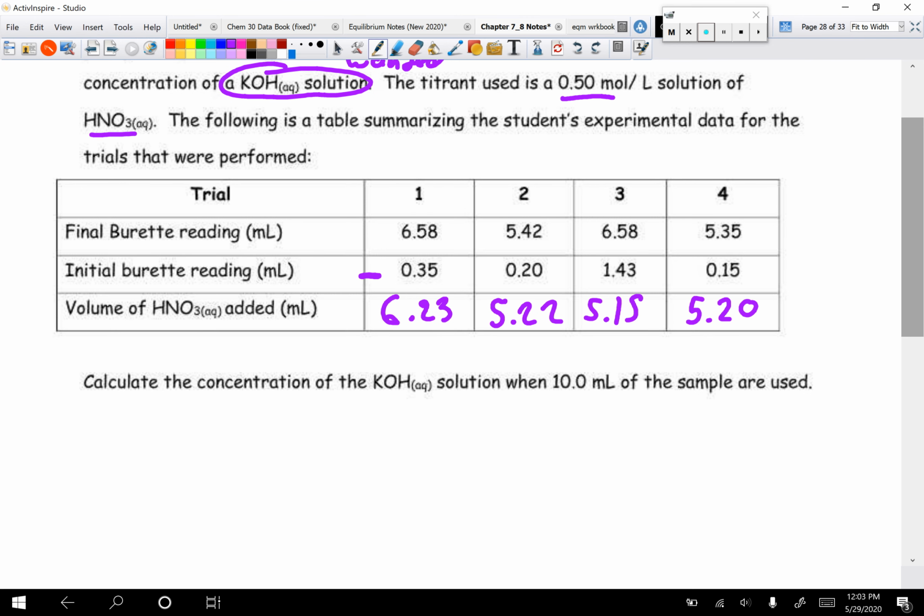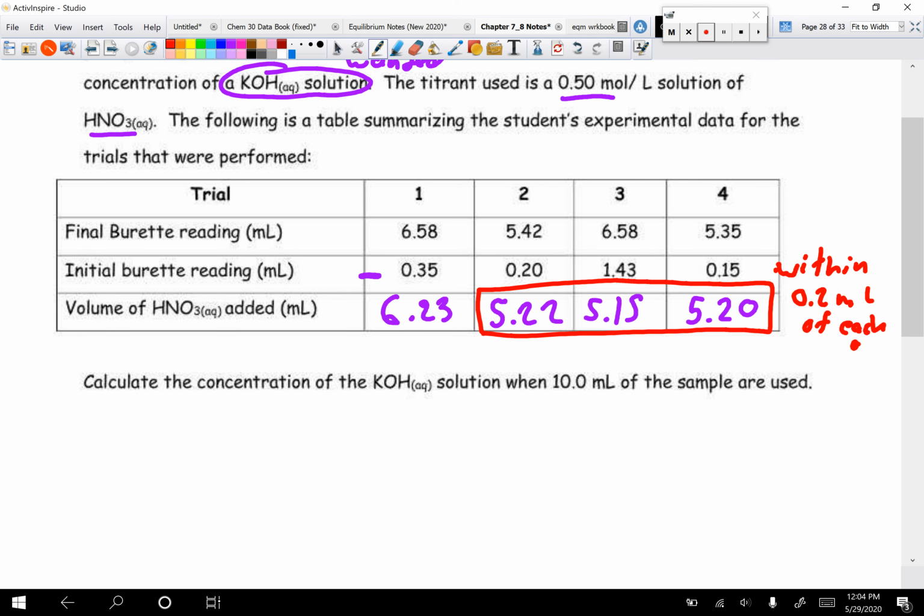When we look at the values, we can tell that trials 2, 3, and 4, so 5.2, 5.1, 5.2, fall within 0.2 milliliters of each other. This first one is almost an entire milliliter off from all the other trials, so we're going to omit this bit of information because it is not used.